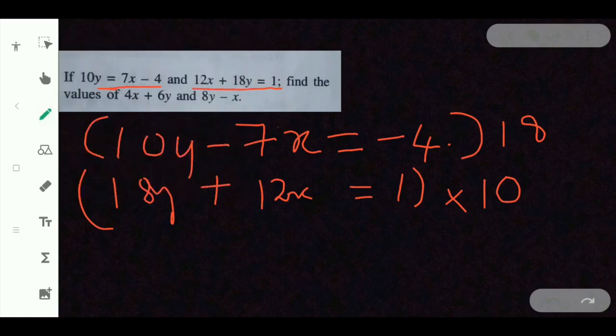So now we are getting 18 into 10, which is equal to 180y.